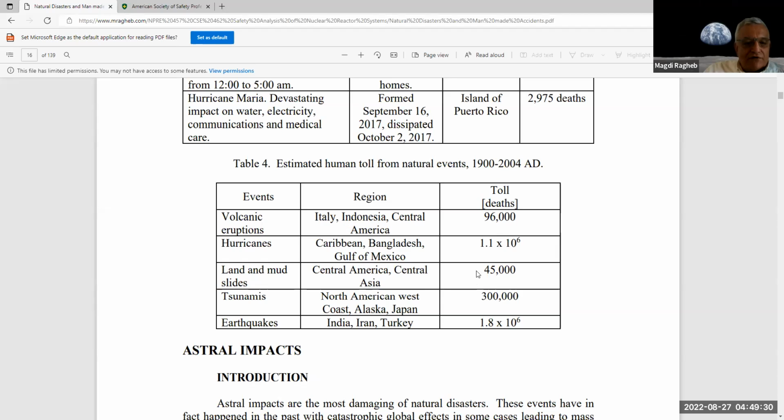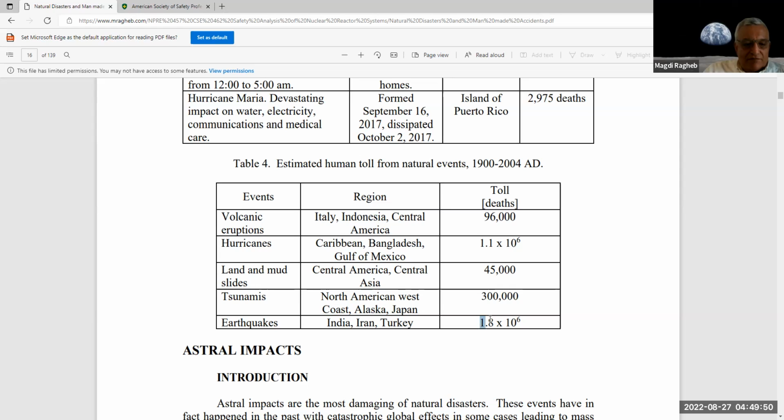Volcanic eruptions, what follows after it is tsunamis. No wonder the Fukushima accident in Japan, the toll deaths is 300,000. So you have volcanic eruptions, hurricanes are the most deadly one.